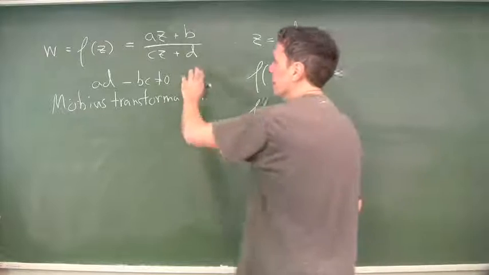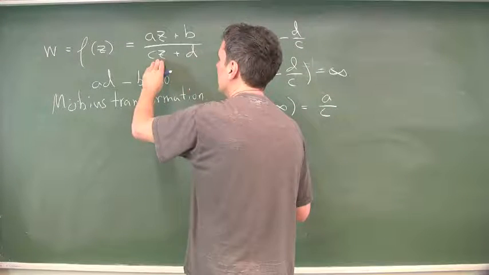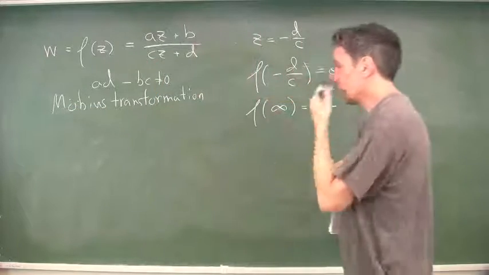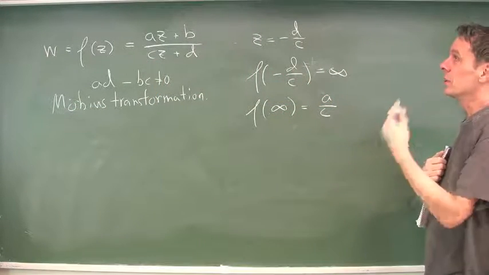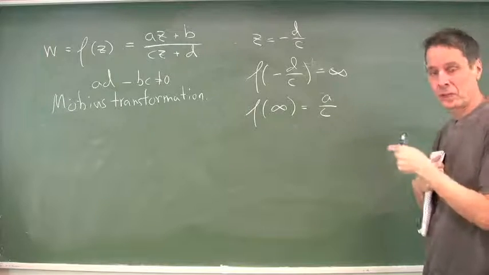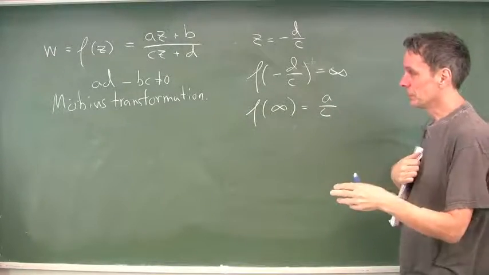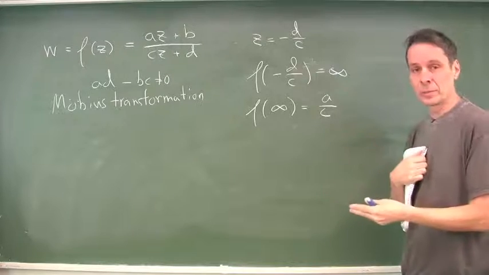And the last conclusion I want to draw now is that all these Möbius transformations have the same property as the inversion map taking Z to 1 over Z, that they will map lines and circles in the plane to lines and circles.